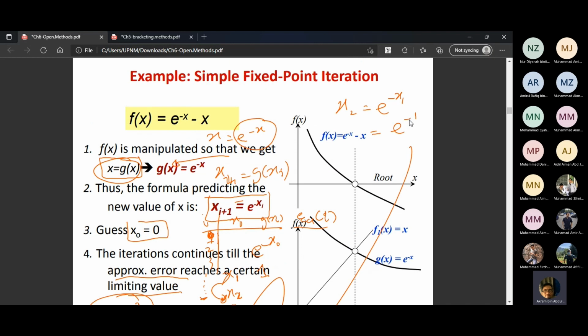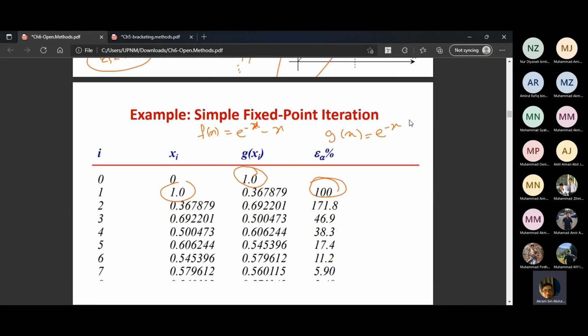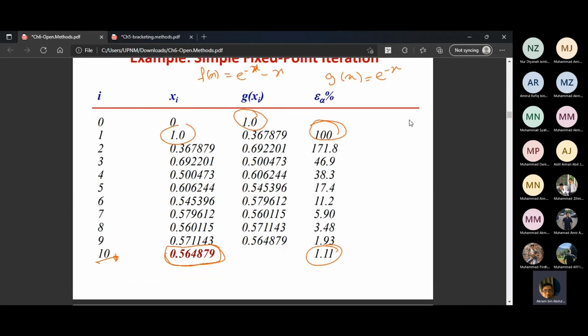So it seems that every time we do an iteration, our next value is based on the previous value of x. We can summarize it in this table, which shows the iterations that we need to do for a simple fixed point iteration. When i equals 0, xi equals 0, our initial point, g of xi equals 1, which gives us the next value of xi, which is 1.